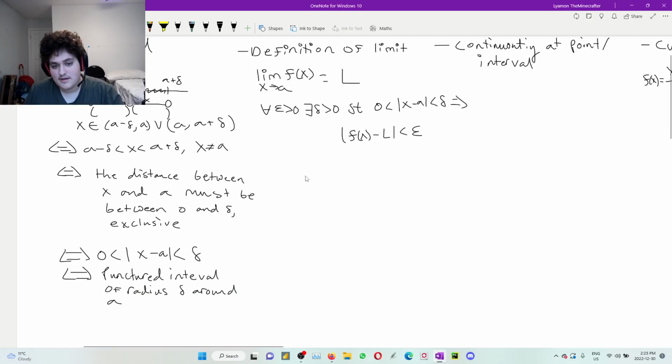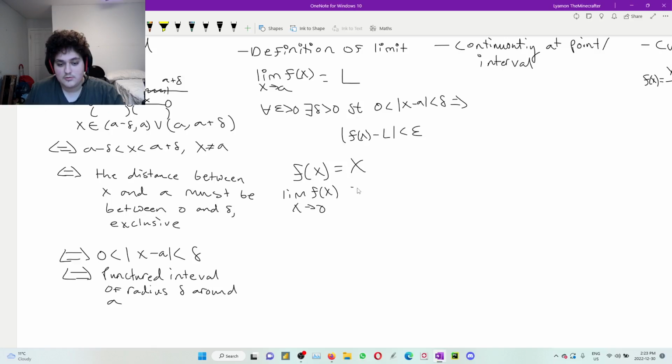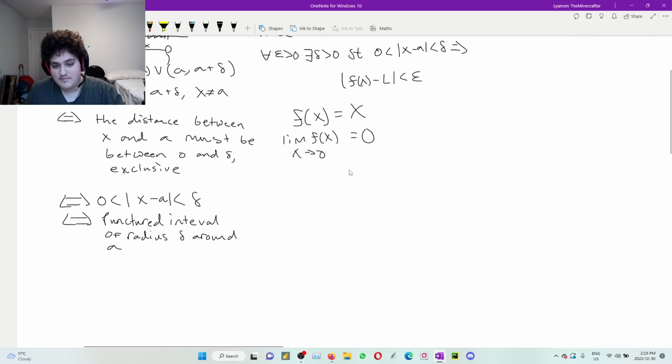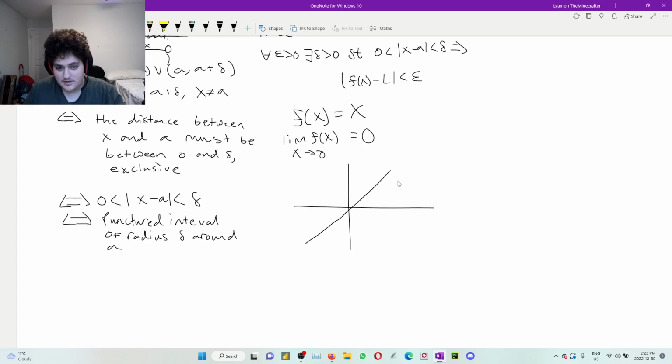So, for example, let's say I had the function f of x equals x, right? And I wanted to show that the limit of f of x as x approaches 0 equals 0. So what does that mean if you have the function here, right?